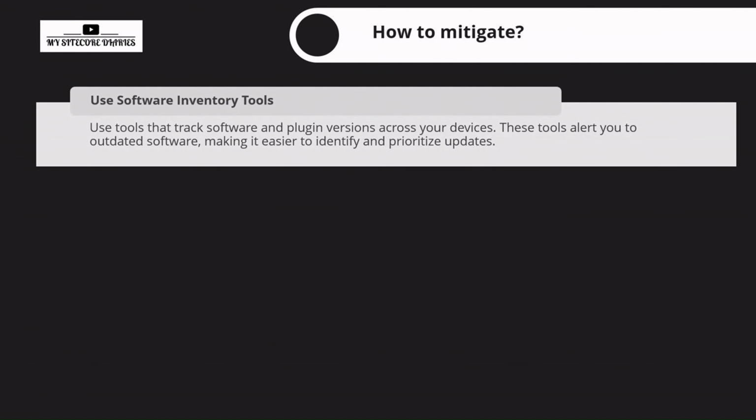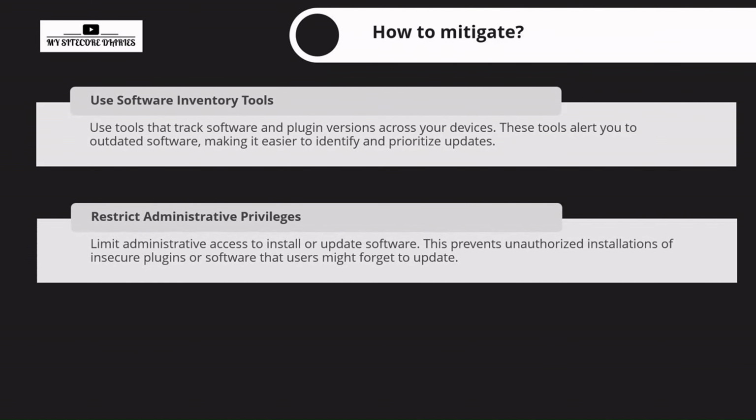There are many software products you are using, so you should use software inventory tools to manage them. Use tools that track software and plug-in versions across your devices. These tools alert you to outdated software, making it easier to identify and prioritize the updates.